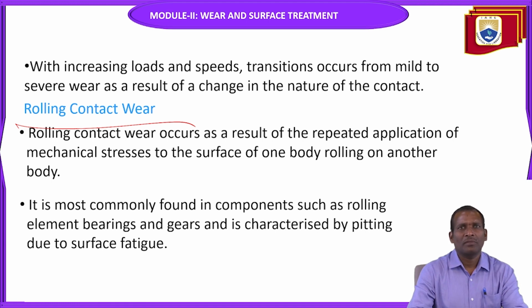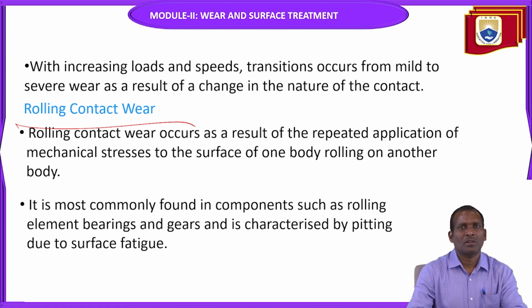Rolling contact wear occurs as a result of repeated applications of mechanical stresses, for example cyclic loads, fatigue failure to the surface of one body rolling on another body. So this is due to repeated applied loads, due to the cyclic stresses.